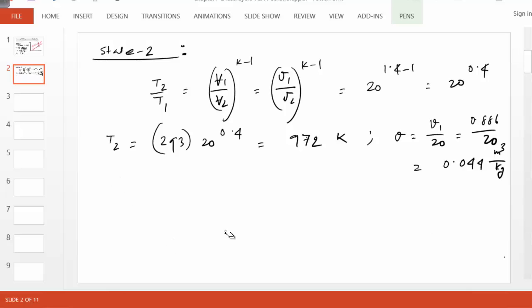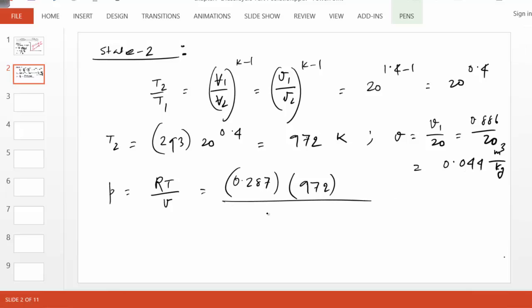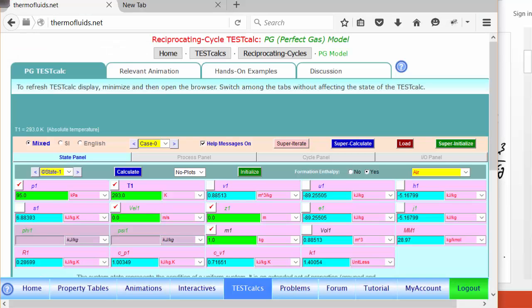We know the temperature now, and to find the pressure, we can always use PV equals RT. Temperature is known, 972. The specific volume we just found, 0.044, and that gives us a pressure of 6303 kPa, large pressure. Let's go and verify.